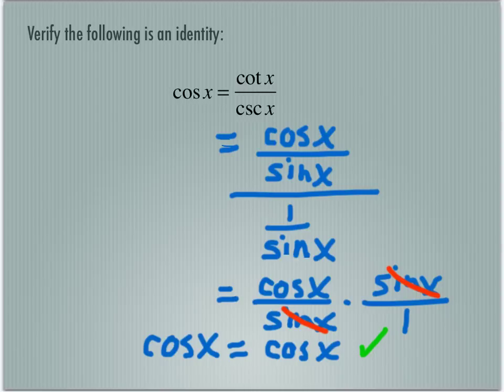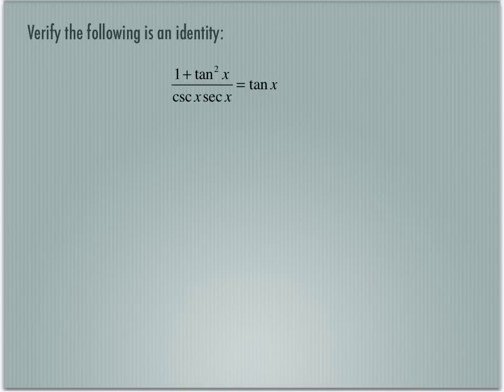Alright, let's go on to 1 plus tangent squared over cosecant times secant equals tangent. Now clearly the left side is the more yucky side here, so let's see what we could do with that. Now most of the time we said see if you can write these in terms of sine or cosine. Maybe an exception here.